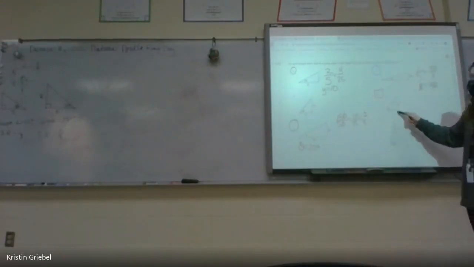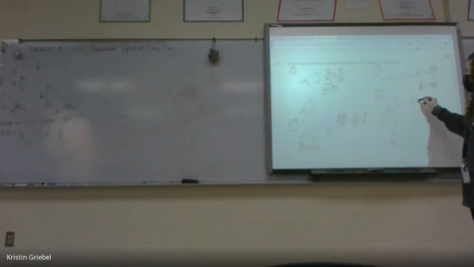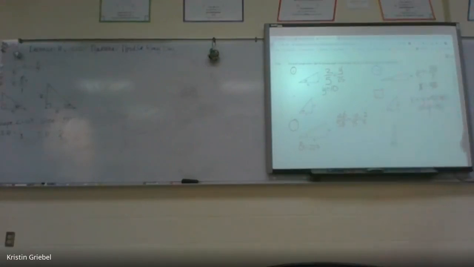Well, we know that here we already have 90 degrees taken up, right? So we're left with x plus y equals 90, kind of like what we did yesterday when we were trying to figure out that missing angle in the Leaning Tower of Pisa. We knew that 90 got to be taken away, but we had two different angles adding up to equal 90, and we couldn't figure it out.